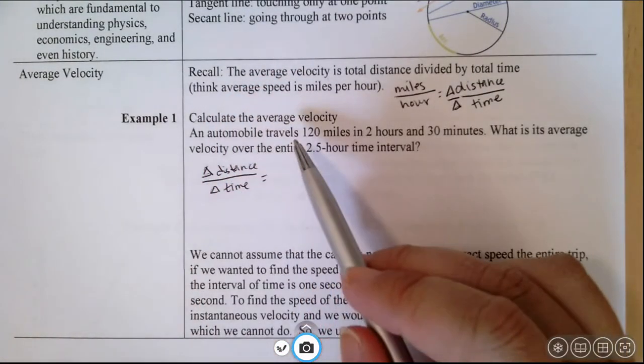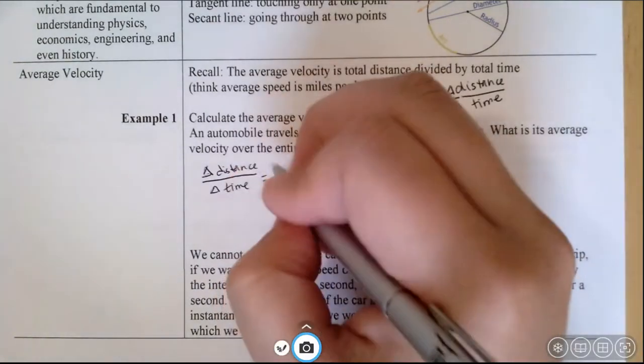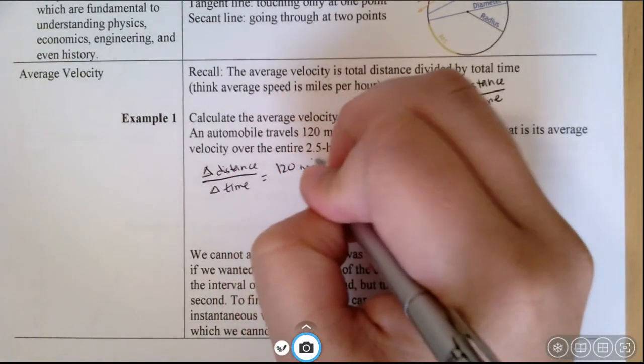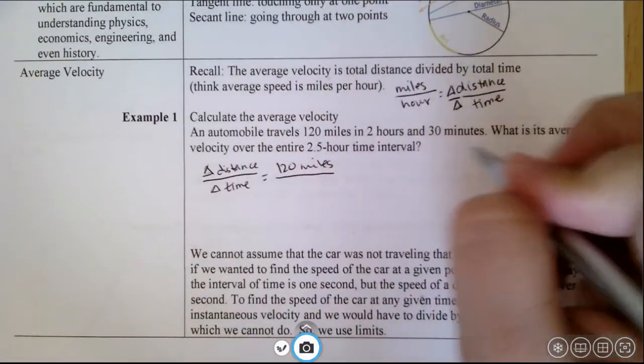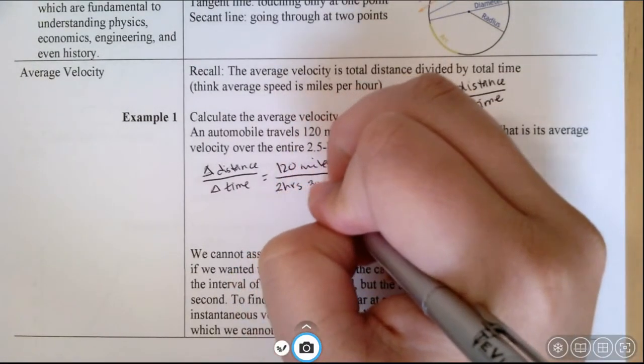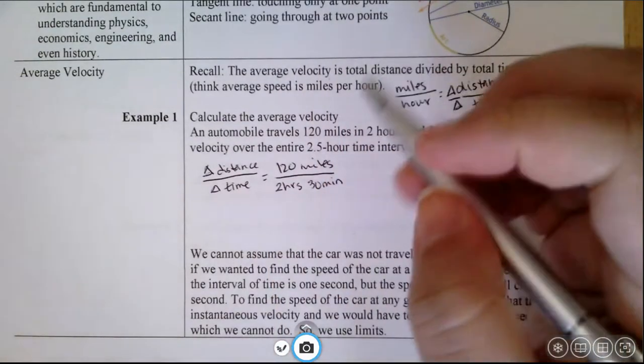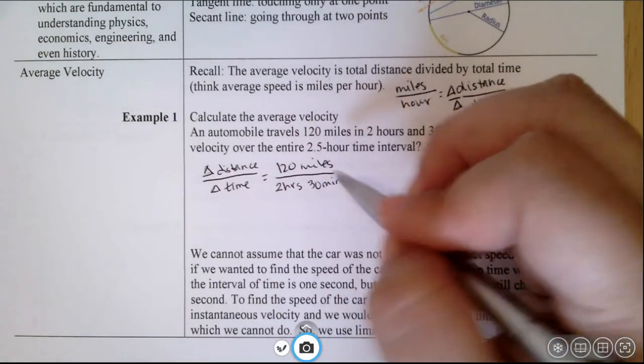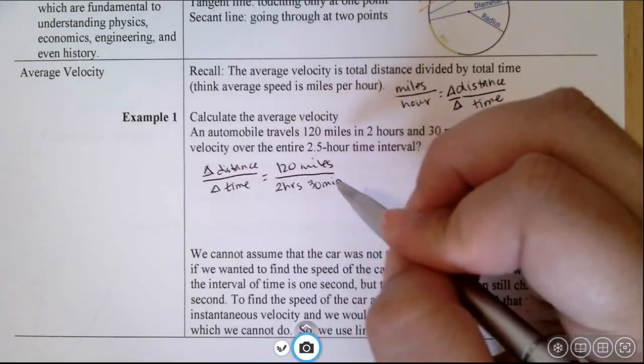An automobile travels 120 miles, that's our distance, 120 miles, in 2 hours and 30 minutes. So that's our time, 2 hours and 30 minutes. Well, if I'm going to be dividing this, I want my answer in miles per hour. So we want to divide by just hours.